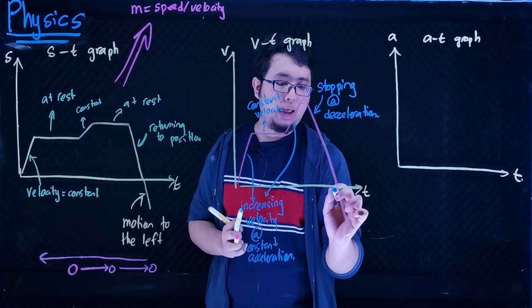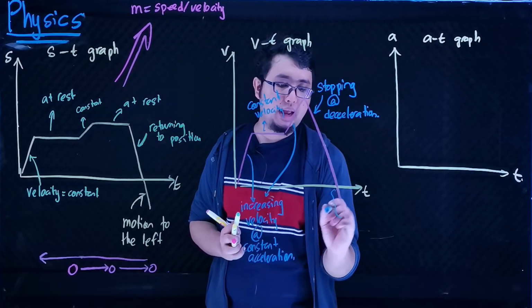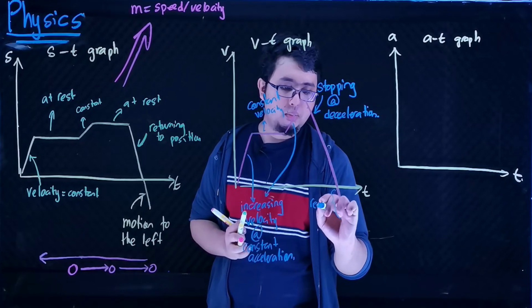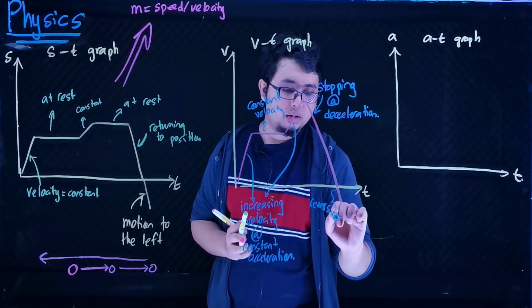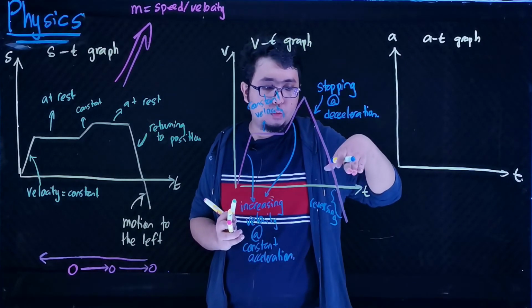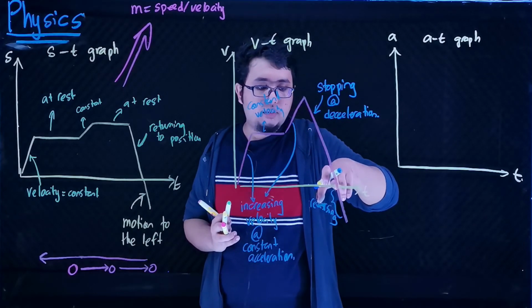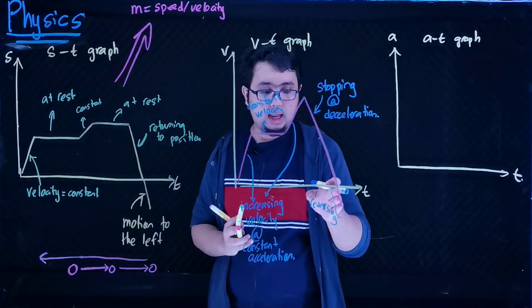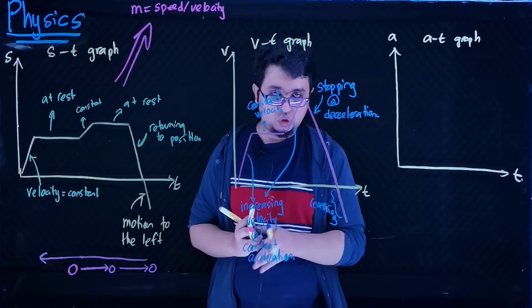And anything underneath means that it's reversing its motion. So it's moving to a stop here, and then it reverses itself. So anything underneath this is a reverse motion.